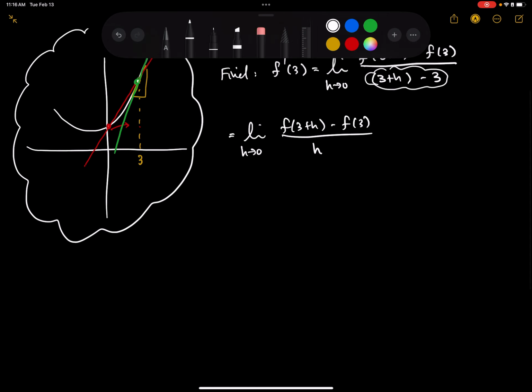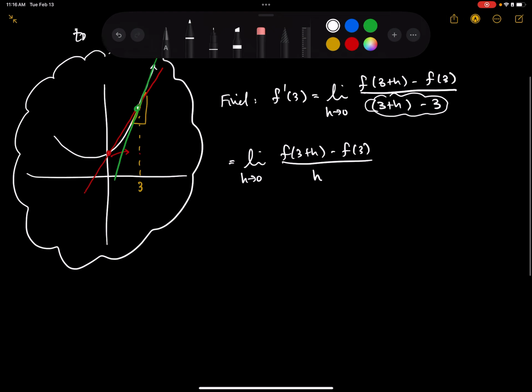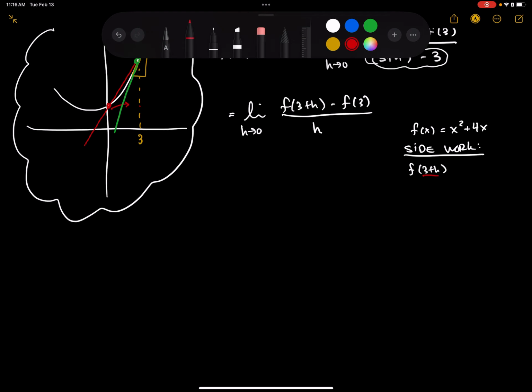Okay, and so from here, now we need to know what's f of 3 plus h. This is where the most algebra problems happen, okay? So let's do some side work over here. F of 3 plus h, if we know that f of x is x squared plus 4x, what this means is feed this into the function.